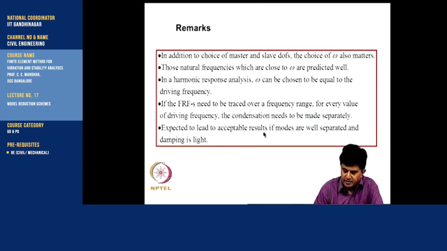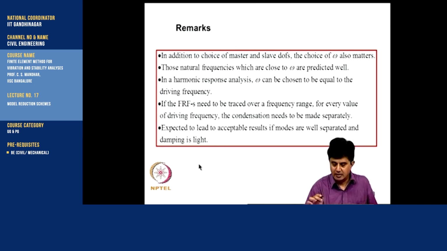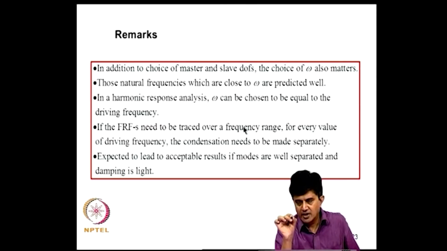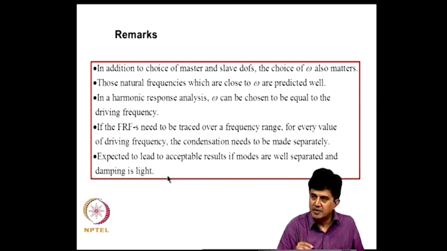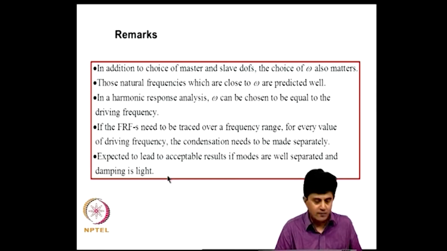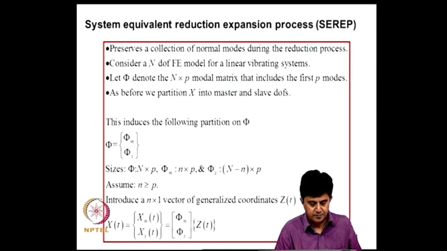This is expected to lead to acceptable results if modes are well separated and damping is light. That is very clear, because once you make a choice of omega and you are driving a system harmonically at that frequency, the response contribution is dominated by a single mode, so the method is likely to work well even for forced response analysis.